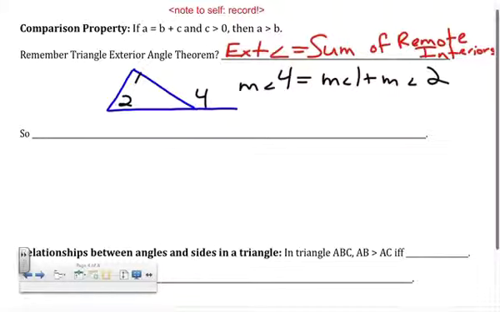Now look at this equation here and think about it along the same terms of that A equals B plus C. If I have to add up my two remote interior angles to get an angle as big as my exterior angle, then what relationship exists between the exterior angle and either remote?